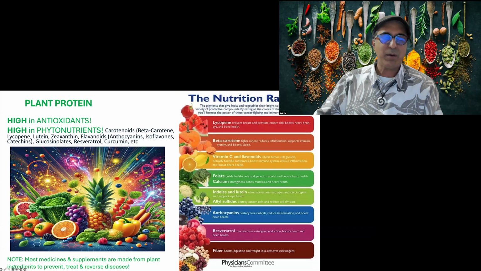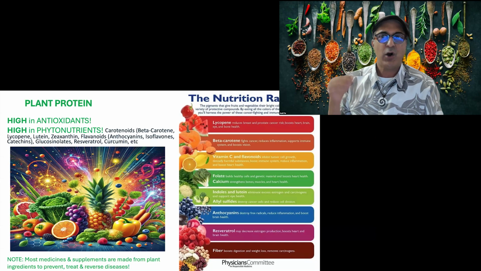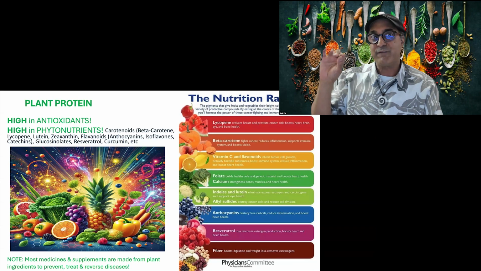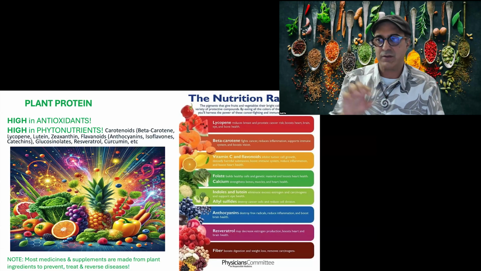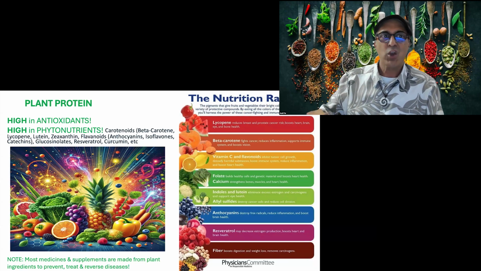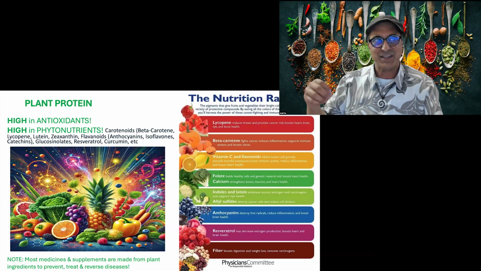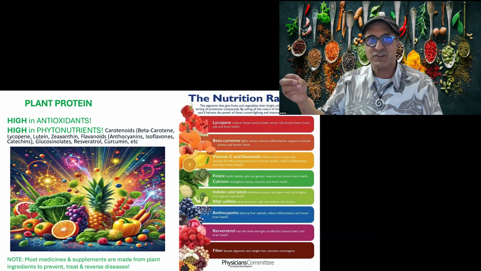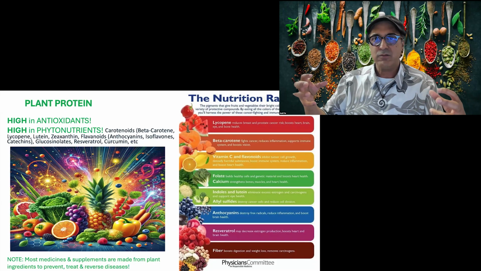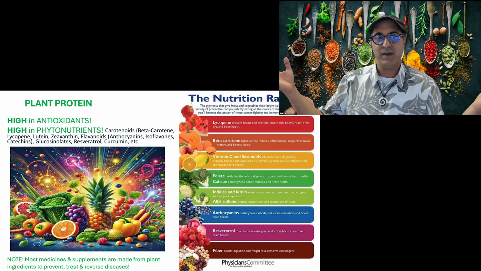Now, anybody who does research looking at heart disease, diabetes, Alzheimer's disease, cancer, regardless of what type of cancer you have, all you'll hear when you see things that are reversing, slowing cancer cell progression, changing cancer cell metabolism, strengthening immune system, strengthening your microbiome: carotenoids, beta-carotene, lycopene, lutein, zeaxanthin, flavonoids, anthocyanins, isoflavones, catechins, all the sulforaphanes, all the resveratrol and curcumins. These are all phytonutrients. There's none of those in animal proteins and saturated fats, right?